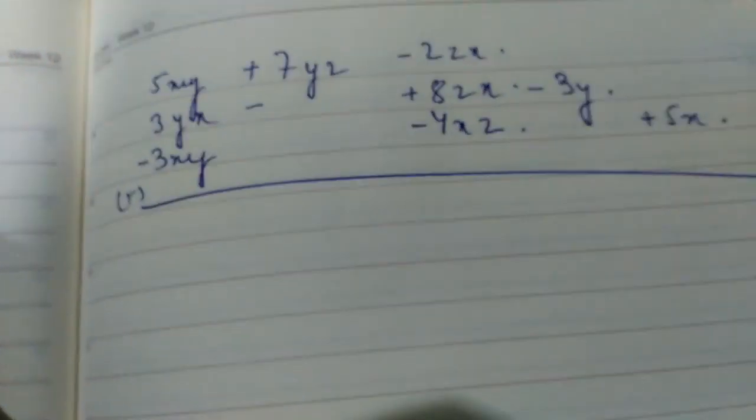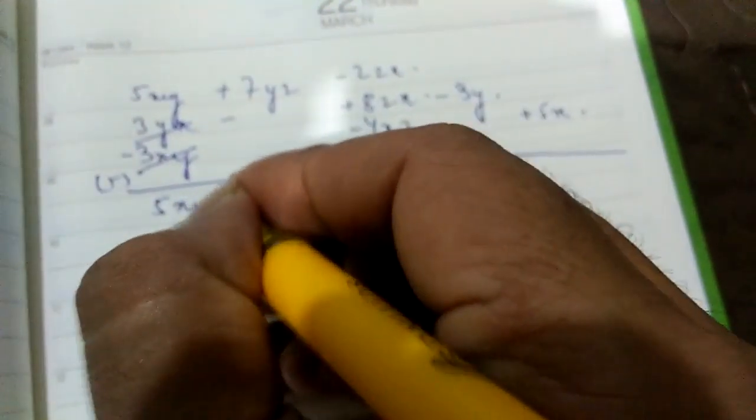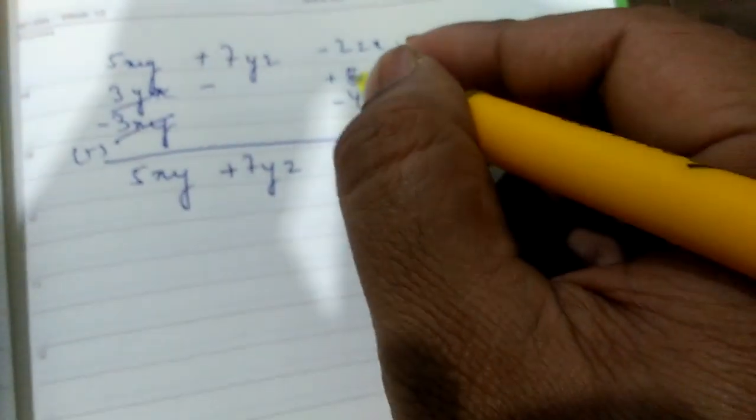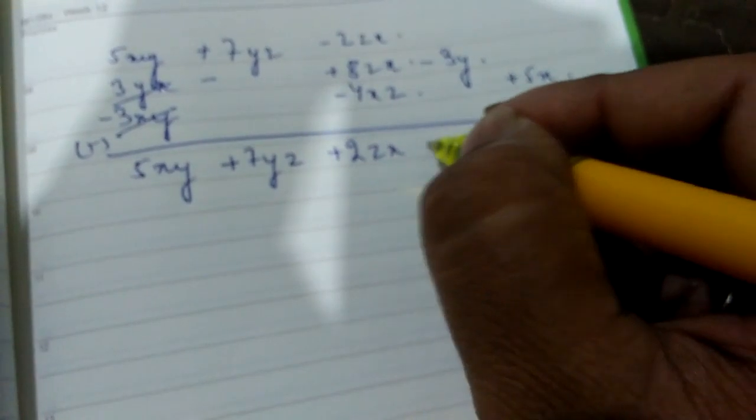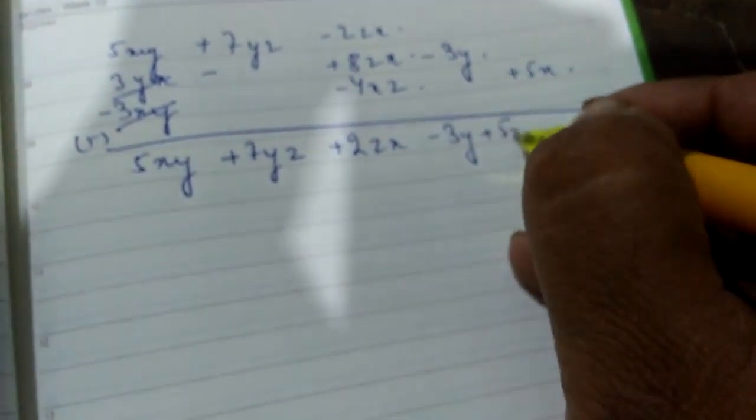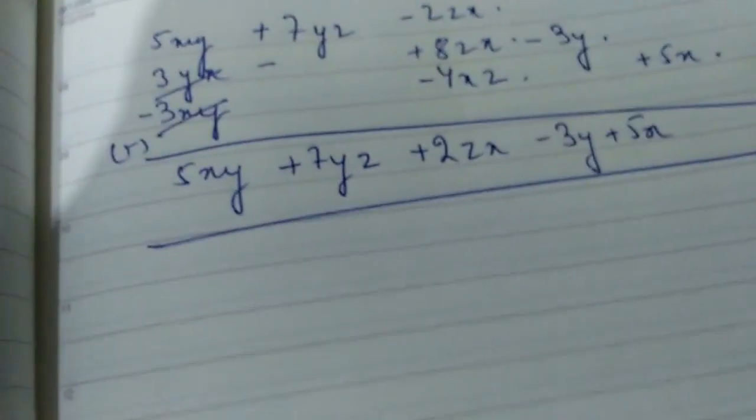So this should be clear. So this cancels, and 5xy plus 7yz plus 8 plus 2zx minus 3y plus 5x is going to be the answer.